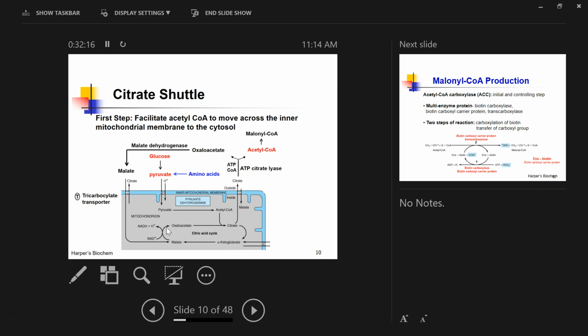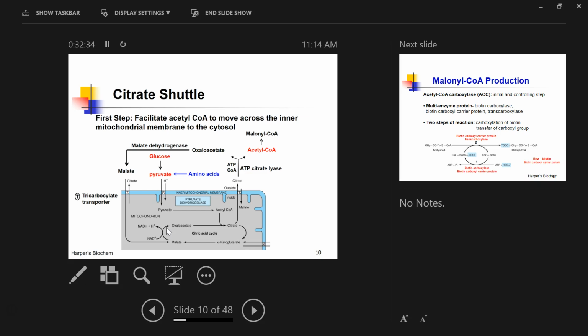So acetyl-CoA needs to be converted to citrate first, then transported into the cytosol and broken down back to acetyl-CoA.